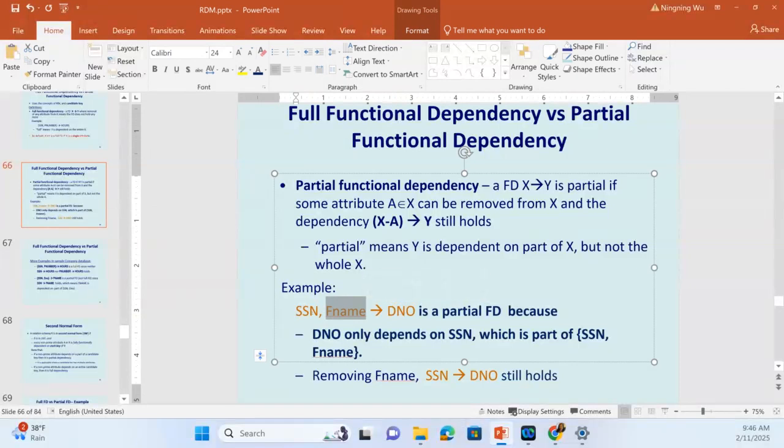As long as we know the SSN, we are able to get DNO's value. So after removing F name, SSN determines DNO still holds. If this is true, then we consider this original functional dependency partial. By partial, it means that DNO only depends on part of the left-hand side attributes, not the whole set of attributes on the left-hand side.